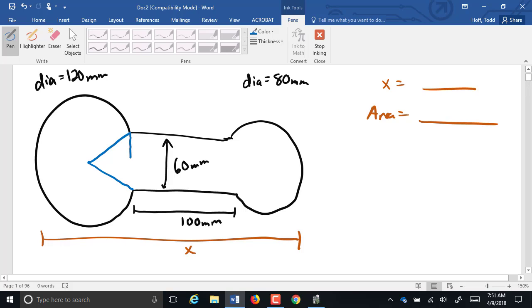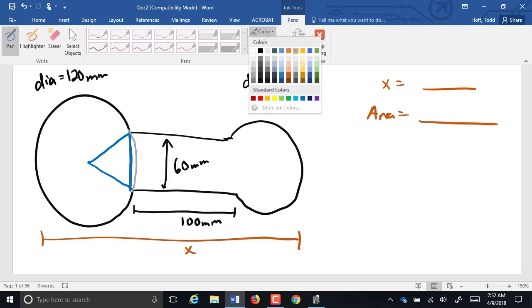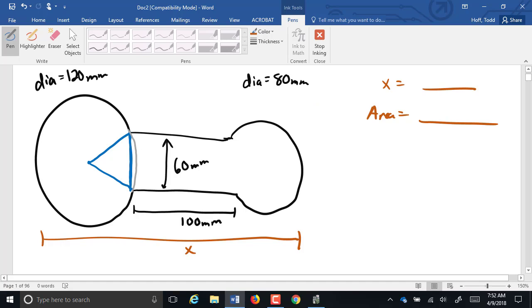If I create a chord, and if I connect this line across here, that is a chord of the circle, right? Because technically the circle itself continues out here, right? That's a chord. And if I draw from the center of the circle to a chord at a right angle, it splits the chord in half, doesn't it?